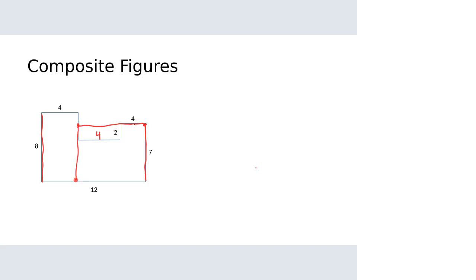So from here to the bottom would be 7. Let me know if you agree or disagree with that. And since it's 8 all the way from top to bottom and 7 all the way from here, what that tells me is this little piece right here is 1.